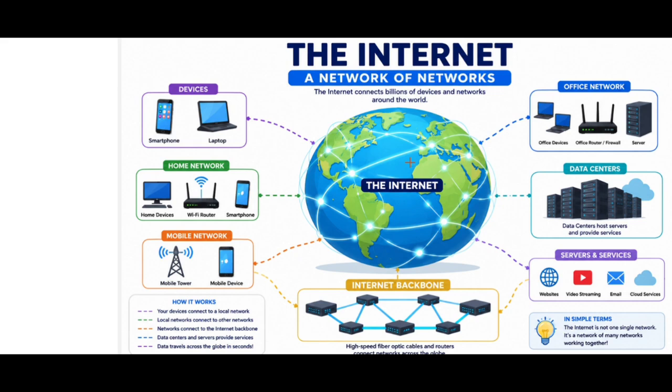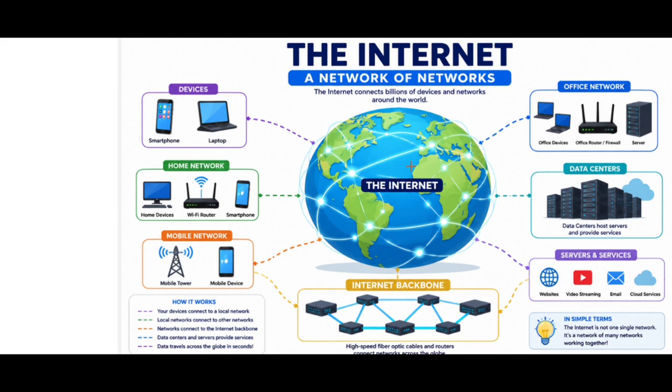Comparing it with a real world analogy, we can think of it like a huge network of networks, like roads connecting cities, countries, houses, offices, schools and data centers. Just like roads allow people and goods to move from one place to another, the internet allows data to move from one place to another.